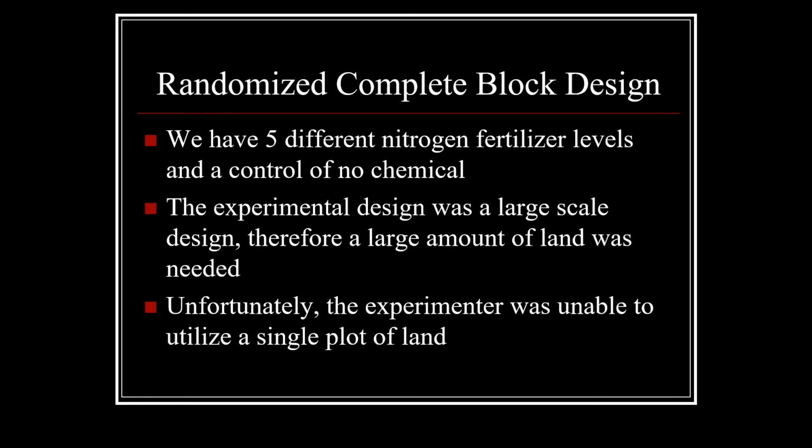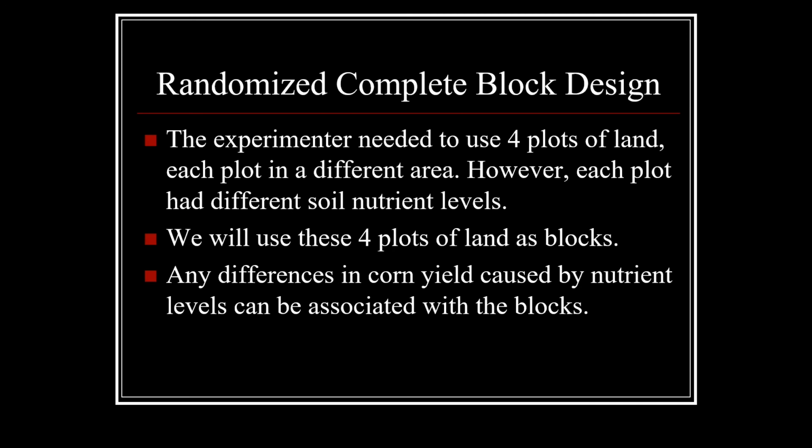Now, as an example, suppose we have 5 different nitrogen fertilizer levels and a control of no fertilizer. Our experimental design is going to be on a large scale, and so we need a large amount of land. However, we're unable to utilize a single plot of land. So instead, we need to use 4 plots of land, and each plot is in a different area.